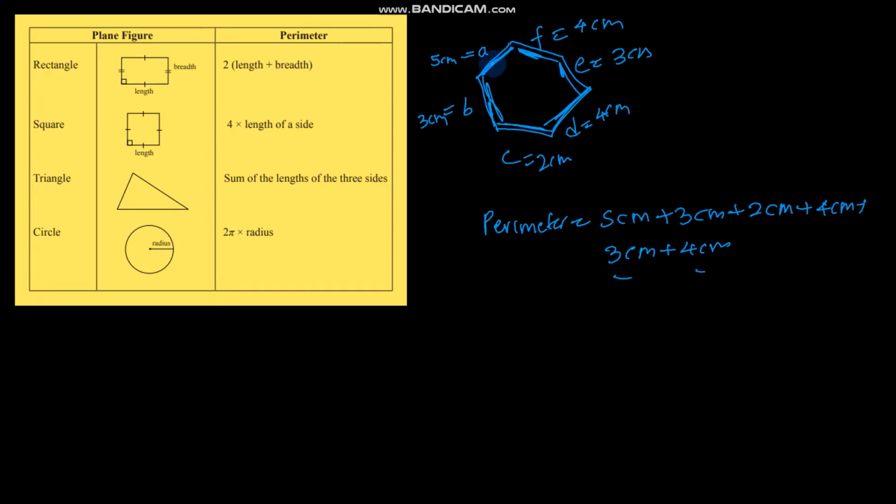So the addition of all the sides surrounding this shape, we call it perimeter in the simple sense.